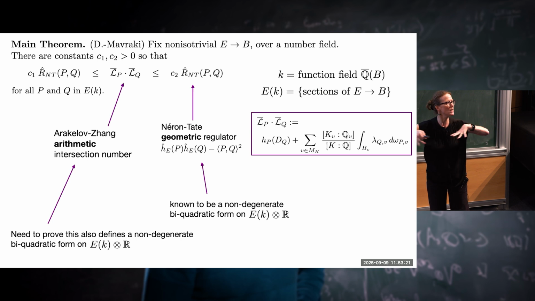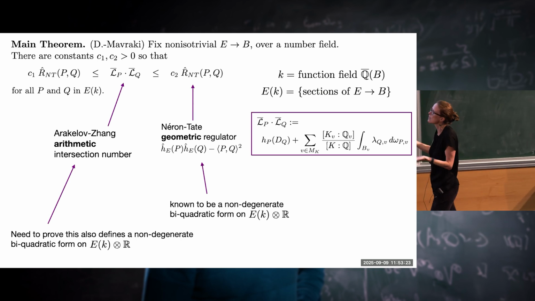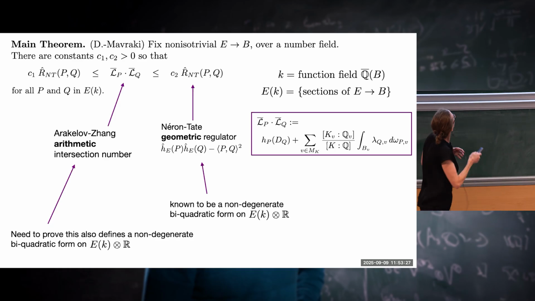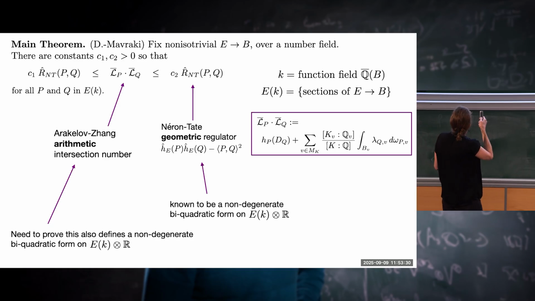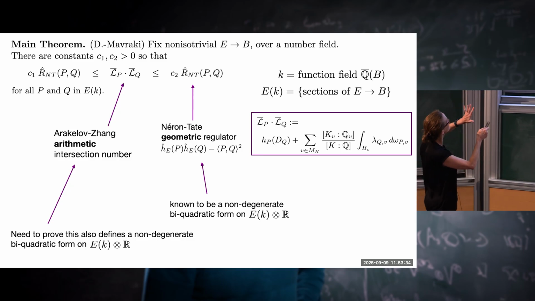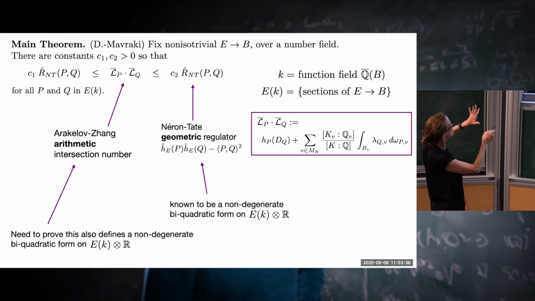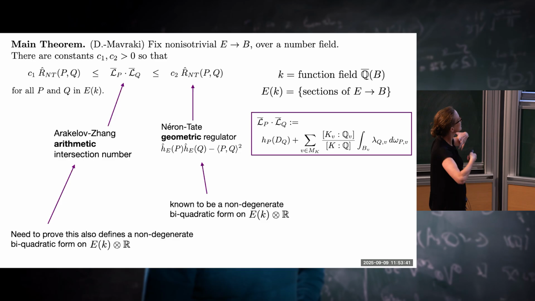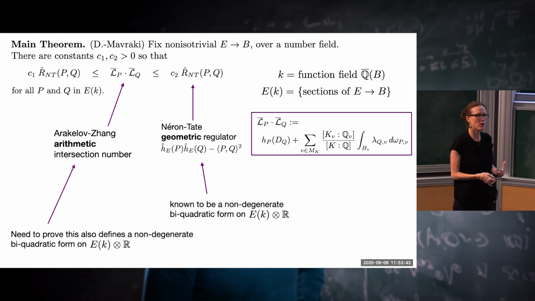It's very formal. It's just studying general properties of these intersection numbers and their quadratic nature. But this was the interesting part for us. Now, I'll tell you why it was interesting in just a second, but let me emphasize that what we really wanted to know was whether or not these intersection numbers also give us some non-degenerate biquadratic form.